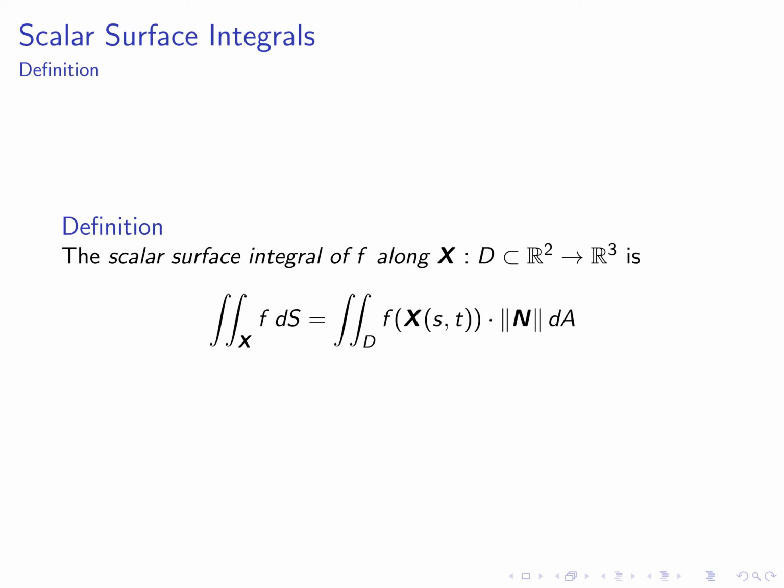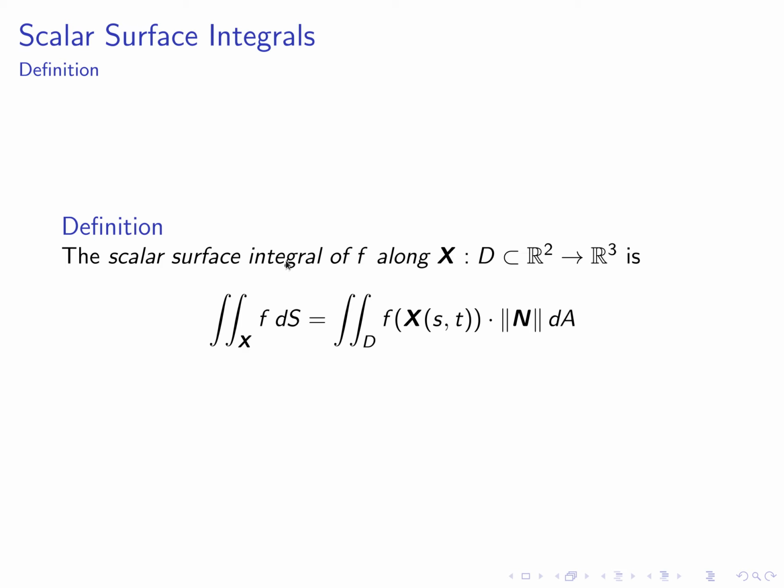Okay, so let's give the mathematical definition in this situation. When we work with surfaces in vector calculus, we start by parametrizing the surface just like we did in the previous lecture. So let's say that we have a parametrization, bold x, which is defined over some 2-dimensional domain of a surface.